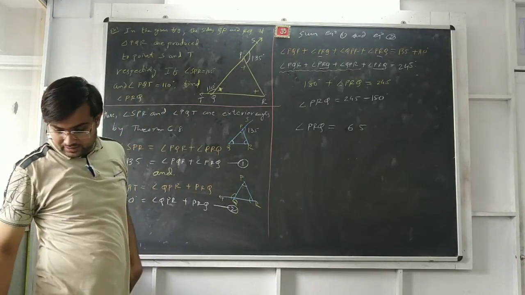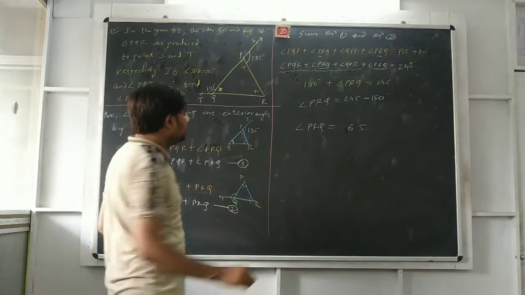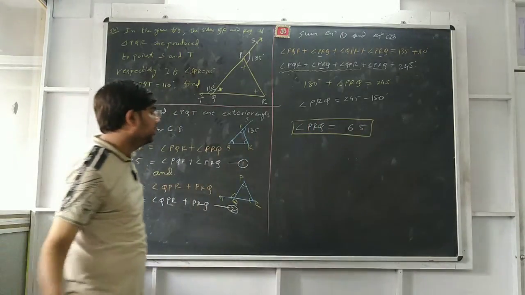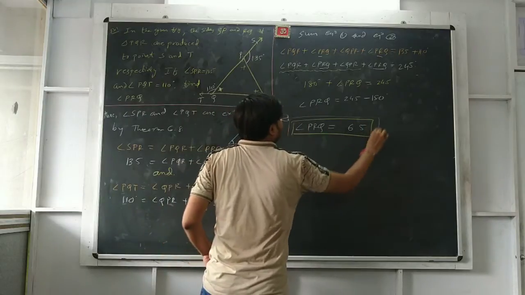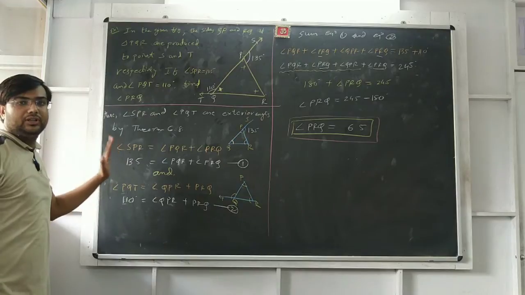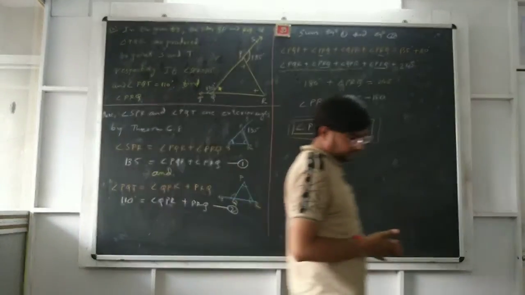Okay, this is our final answer. PRQ is 65. Take this, okay, see it carefully. Example number 1, and write it down in your notebooks.